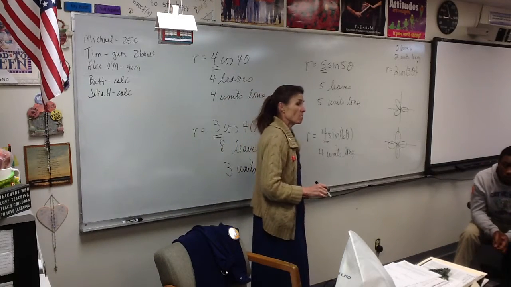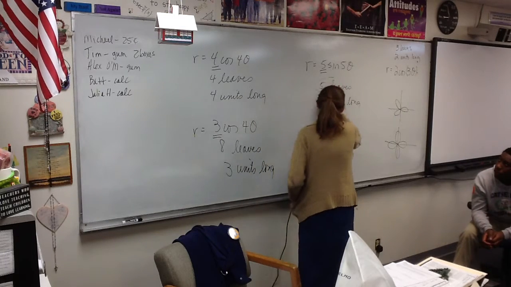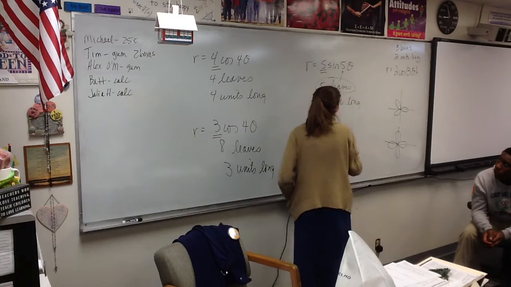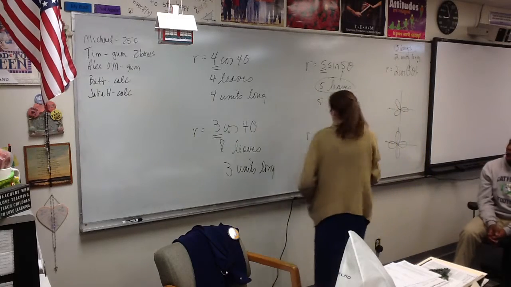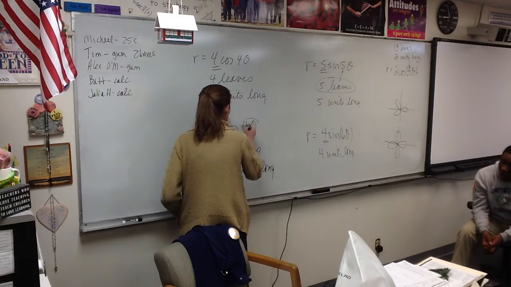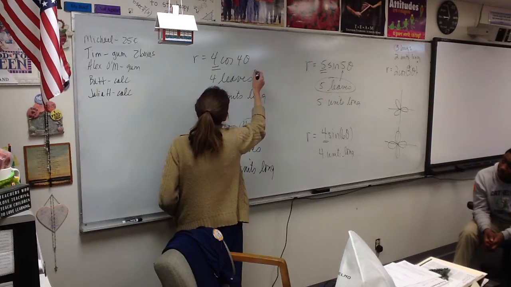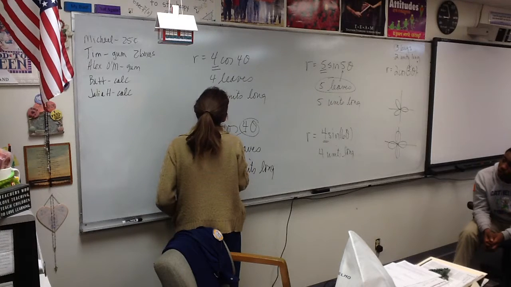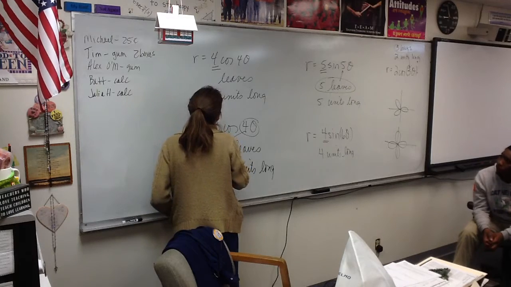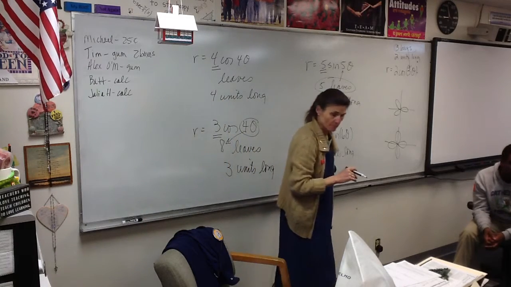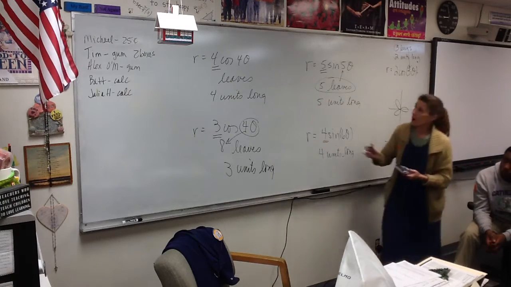Now, if I said how many leaves, that's a little trickier, because this one had 5, and this one had 3. But this one had 8, and that one had 4. It says 4 leaves right there. I know, but it didn't have 4. 4 cosine 4 theta? We didn't do that one. It's 1 cosine 2. Oh, was this a 2?